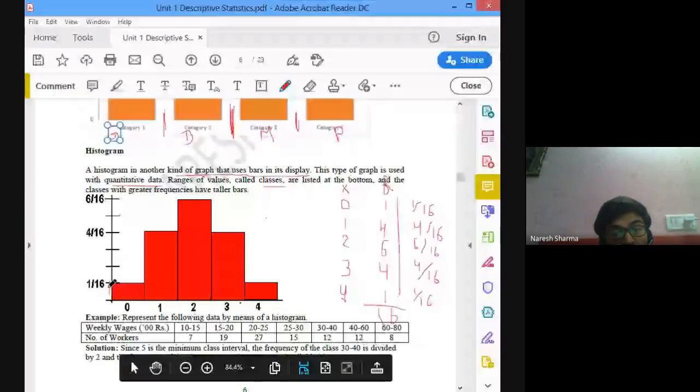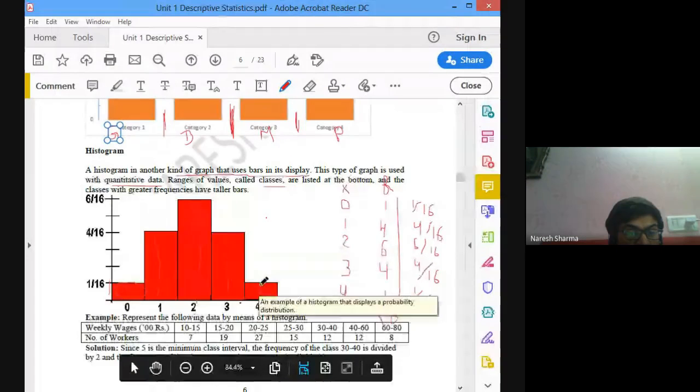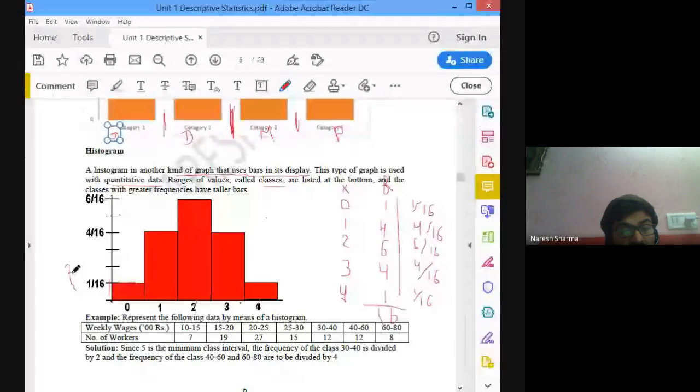This one goes up to height 4, this up to height 6 units, this up to height 4 units, and this up to height 1 unit, right? Here we may write 1, 2, 3, 4, 5, and 6.